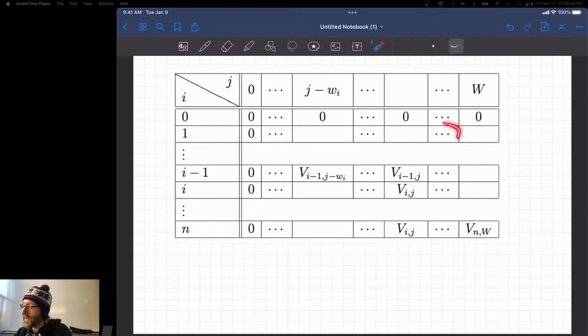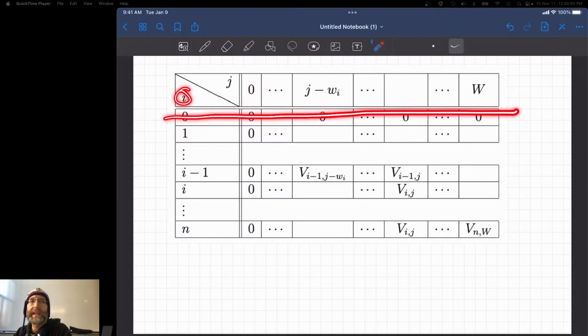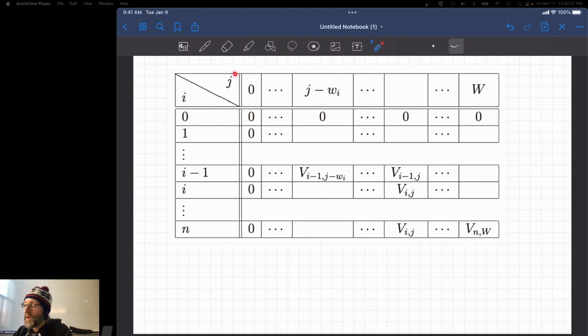Ignore the inner workings of this table here for a second. There are our corner cases, right? When i is 0, then you're not taking anything, and all those values are going to be 0. When j is 0, then you can't carry anything, and these all end up being 0.